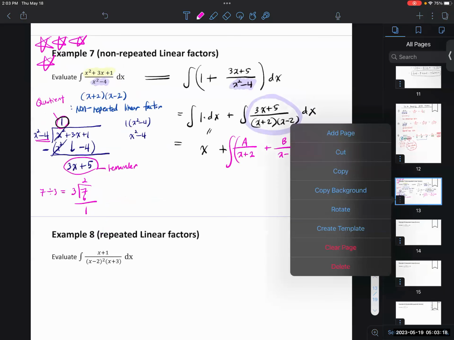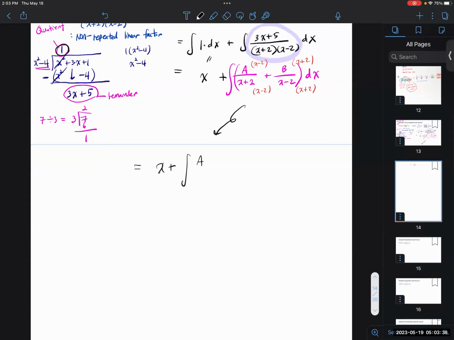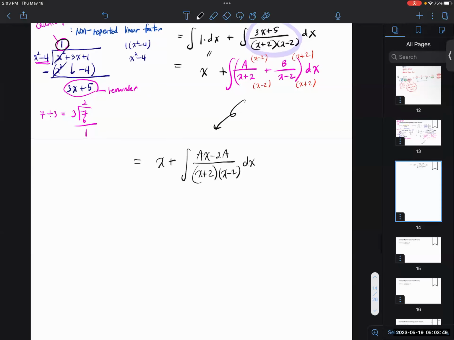So let's find out the partial fractions a and b. We're going to multiply here by x minus 2, and multiply by x plus 2. So let me write: x plus the integral of (ax minus 2a) over (x plus 2)(x minus 2) dx, and then plus (bx plus 2b) over (x minus 2)(x plus 2) dx.